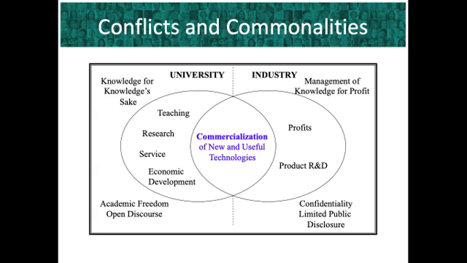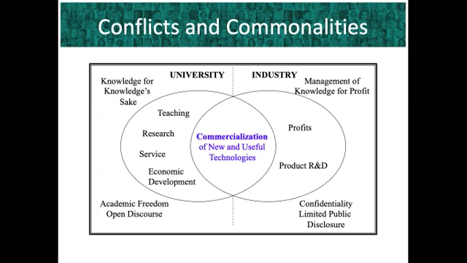They want knowledge for its commercializable ability. And because of that, they're not committed to academic freedom and open discourse, but instead they really focus on confidentiality and limiting public discourse. And this is all in order to maximize their profits related to research and development.